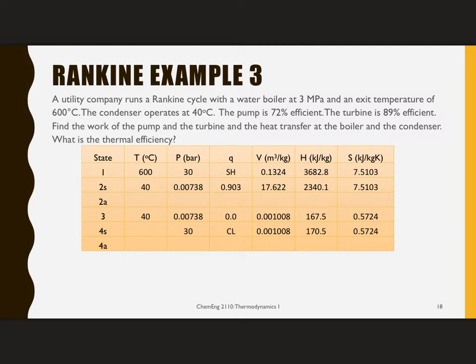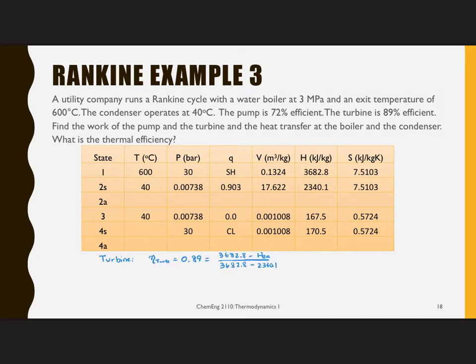I want to know the difference between the ideal and the actual state. The reality is that I'm going to have the entropy change, but the pressure should be what I predicted. So I do know the pressures, and I'm going to be able to back out the enthalpy using the definition of process efficiency. Let's first look at the turbine.